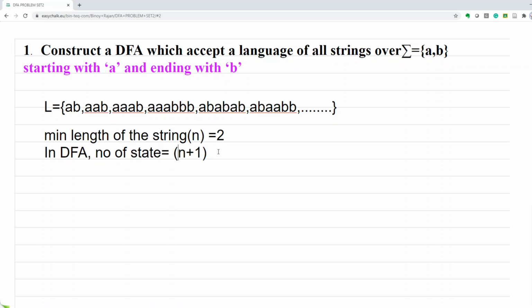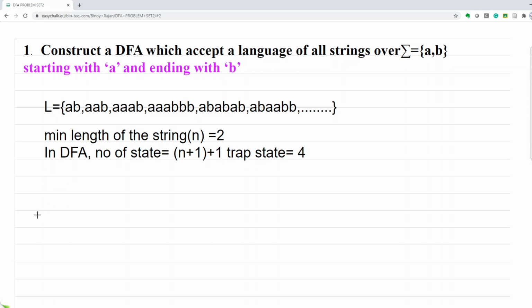But in some cases, we have to use the dead state, that is the trap state. Including one trap state, what will be the count? It is equal to 4 now. So 2 plus 1, 3, 3 plus 1, 4 states. So we need to use 4 states.